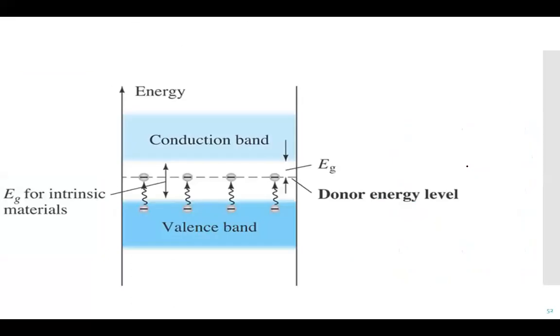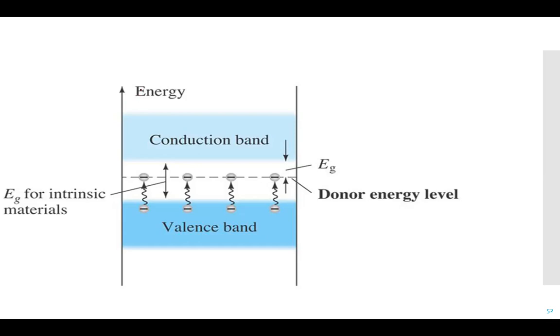Okay, now this is one example given here about the donor or n type of the material. This is what we have, the conduction band. This is what we have, the valence band. And you can see that the electrons are traveling from the valence band to the conduction band. And you can say the energy level specified here is the donor energy level in between, near the conduction band. This is what we have right now in the extrinsic material, in which the electrons are traveling.